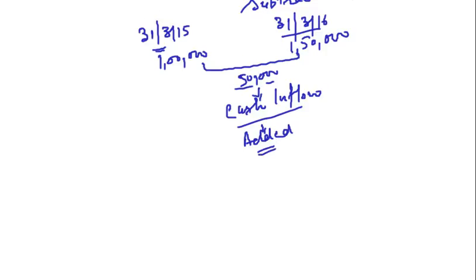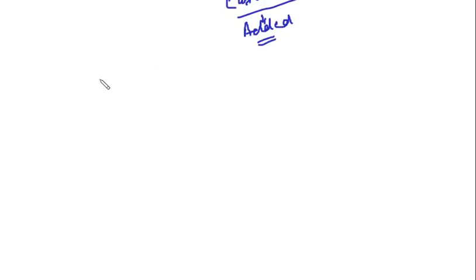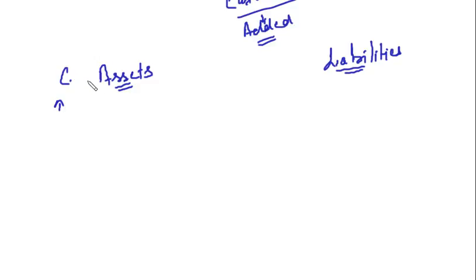So one simple logic is, regarding assets, remember this in exam, shortcut. First the logic, then the shortcut. Then you can apply the shortcuts if you know the logic. Current assets and current liabilities, not the fixed assets. Increase in current asset means you have to subtract.